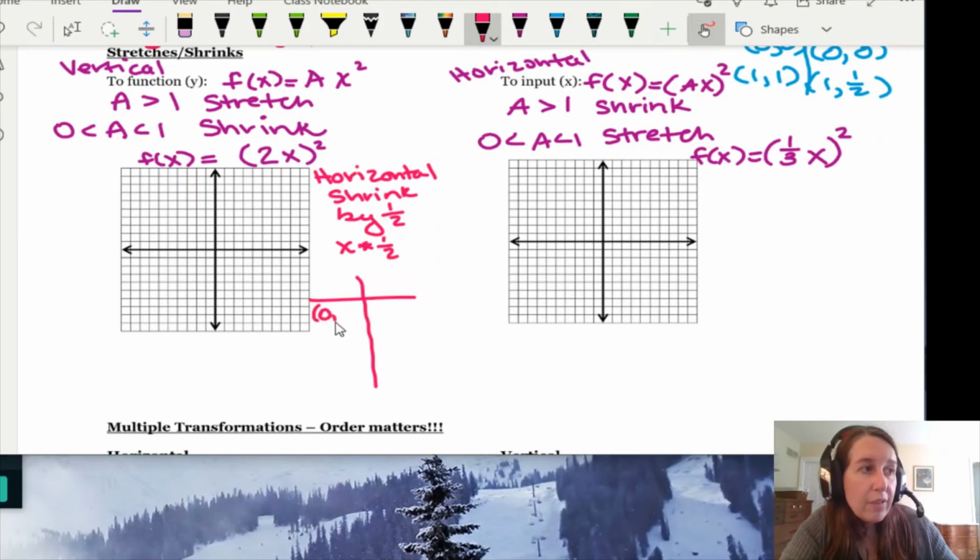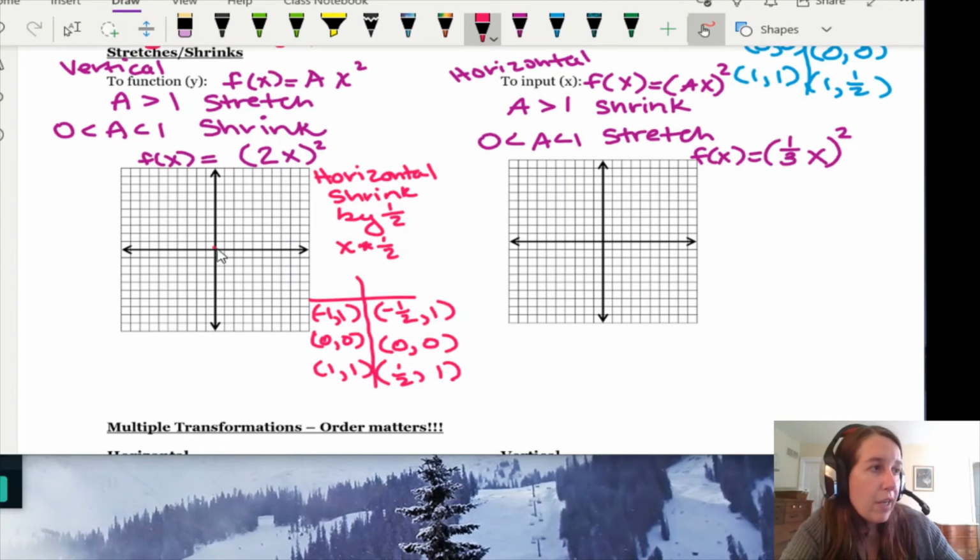So we have 0, 0. Oh, that's not where we start the chart, is it? Let's do it the same way every time for ease. So negative 1, 1, 0, 0, and 1, 1. We're multiplying all our x's by 1/2 this time. So this would be negative 1/2, comma 1. This would remain 0, 0, and this would be 1/2, comma 1.